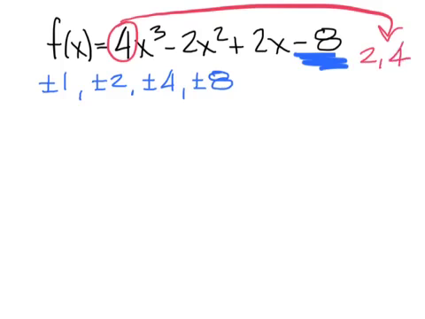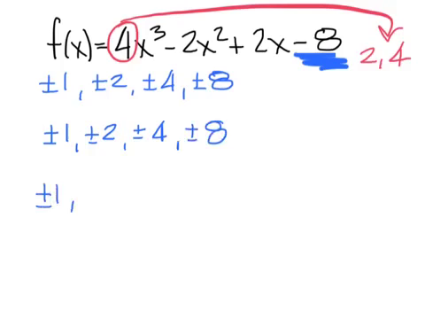Alright, so how many more times am I going to have to write this line out? 2 more times, yeah. So it'd be plus or minus 1, 2, 4, and 8. And we have to do it one more time. 1, 2, 4, and then 8. So what do we do now?